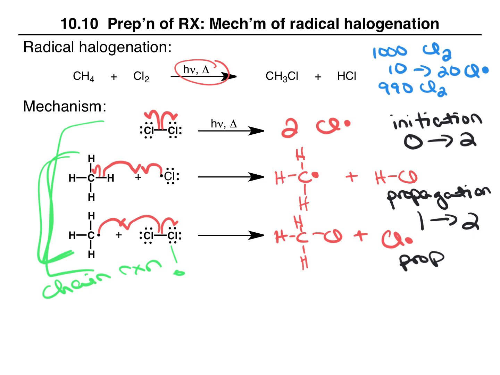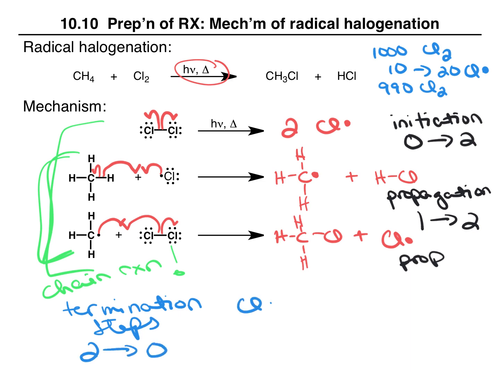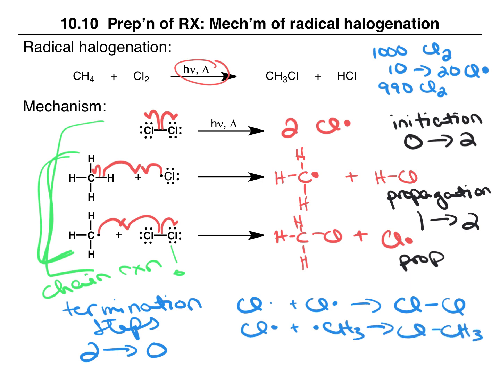Eventually, however, that happens. So we also have what's called termination steps. With termination steps, we go from 2 radicals to 0. It could happen that a chlorine radical bumps into a chlorine radical, giving a new molecule of chlorine. It could happen that a chlorine radical bumps into a methyl radical, giving another molecule of chloromethane.